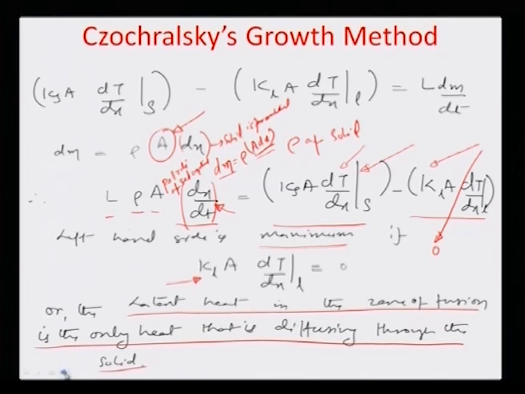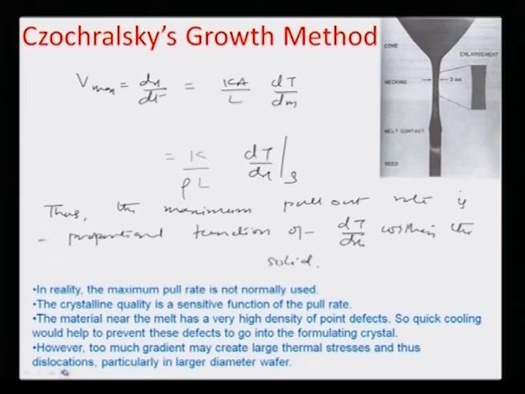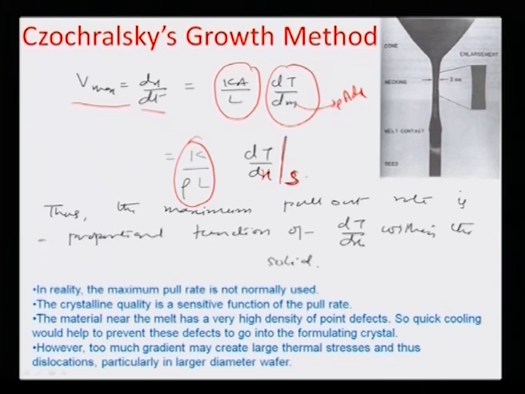Okay. And so this is a one dimensional case where you have the maximum pull rate V max represented by K A by L times dT by dm, or K divided by rho L. We are just putting the value of dm here, rho A dx, times dT by dx, and this dT by dx, mind you, is in the solid domain as the heat emanates from the zone of fusion into the solid.